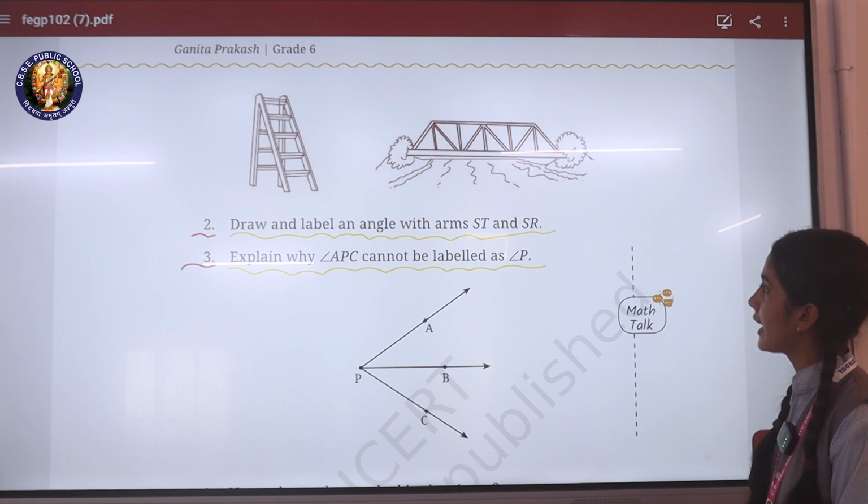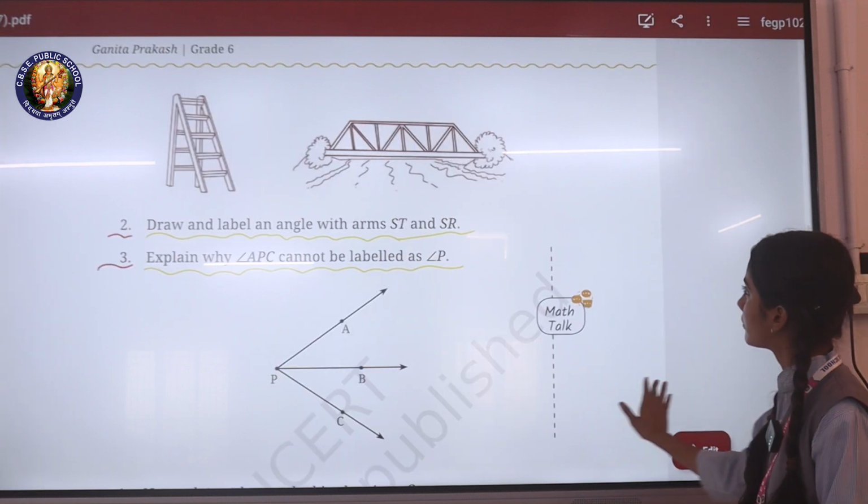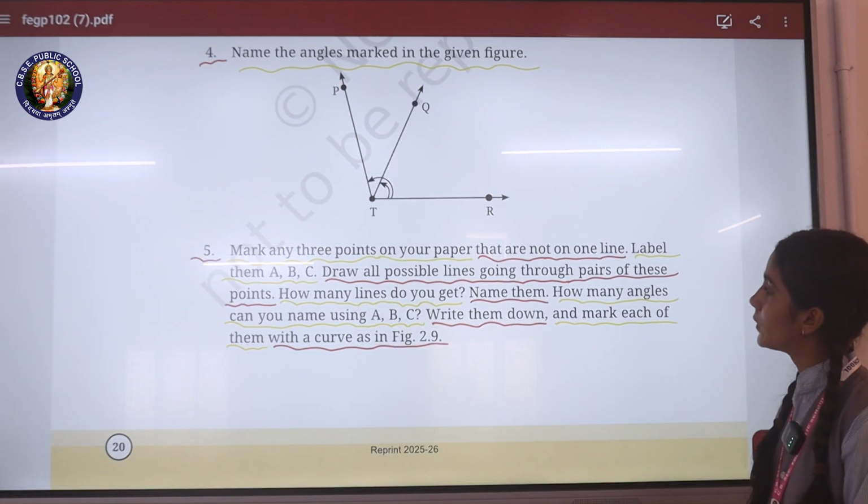Draw and label an angle with arms ST and SR. Number 3. Explain why angle APC cannot be labeled as angle P. Number 4. Name the angles marked in the given figure.